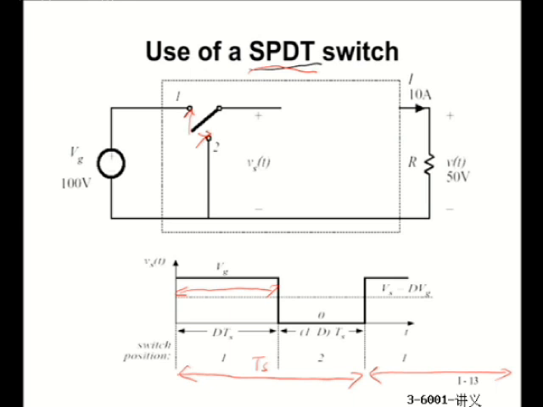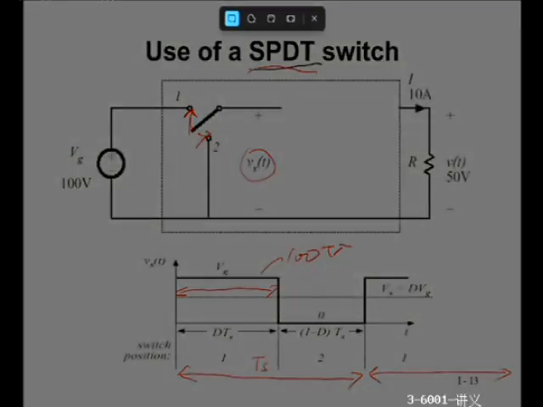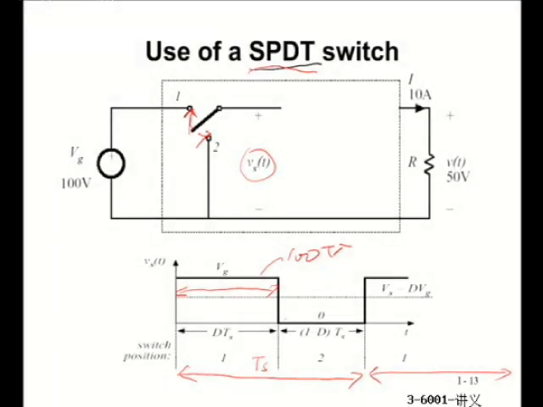In this case, when we put switch at position 1, the right-hand side voltage, Vs, would be exactly equal to 100 volts. And then for the rest of the switching period, I put switch at position 2. When I put switch at position 2, this voltage Vs is going to be exactly equal to 0.